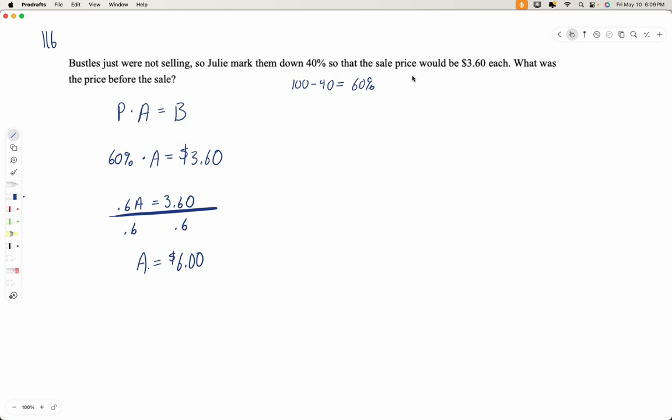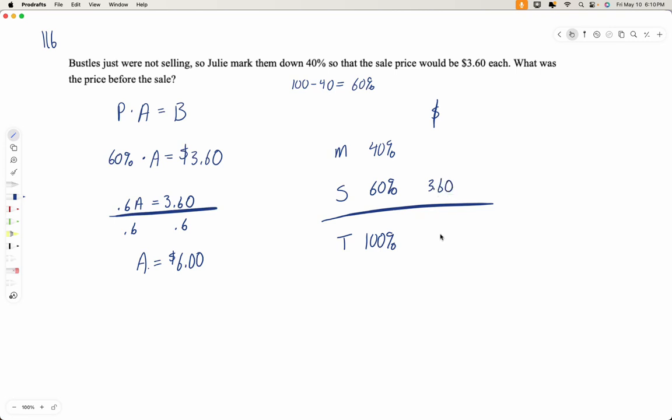You could also look at it with your proportion statement and say, okay, if the markdown is 40%, the total price was 100%, that means that what they sold for was at 60%, because 40 plus 60 is equal to 100. So the dollar amount for what they sold for is $3.60.